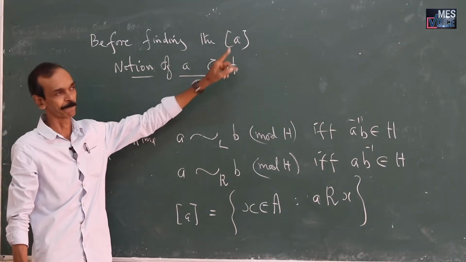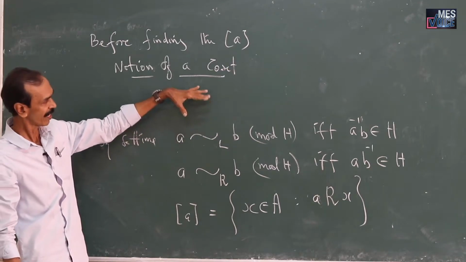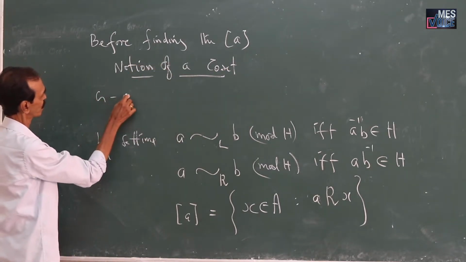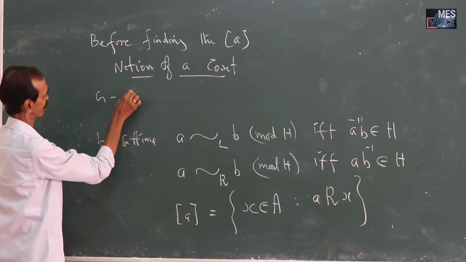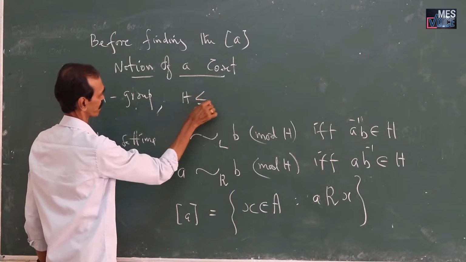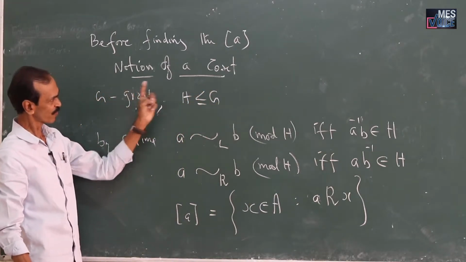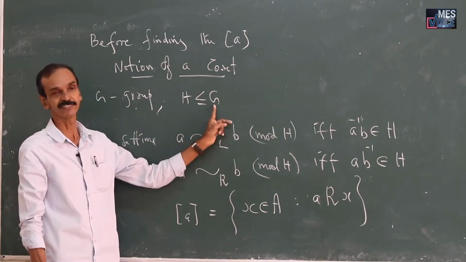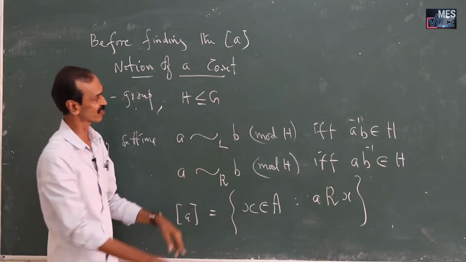That is my task. So, first of all, I will introduce a coset. Here G is a group, H is a subgroup of G. I want to introduce the cosets of H in G.